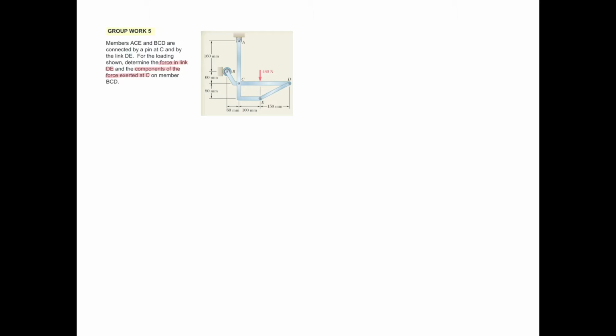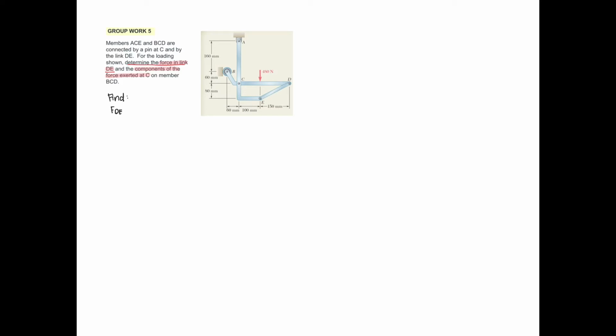We have to understand what are the requirements mentioned in the question. For example here, we only need to determine the force in the link DE. Instead, we need to find FDE.